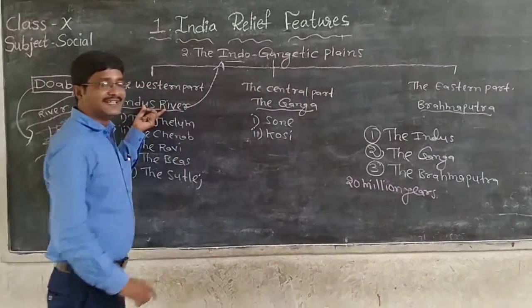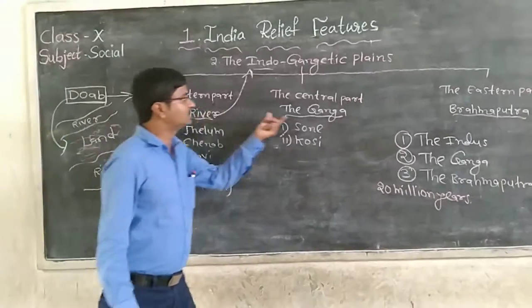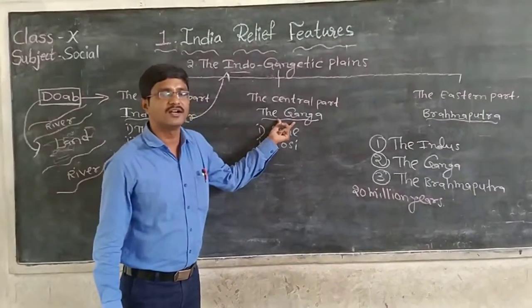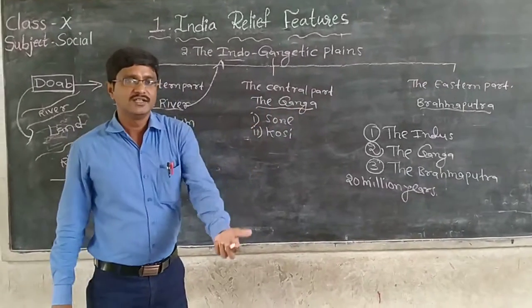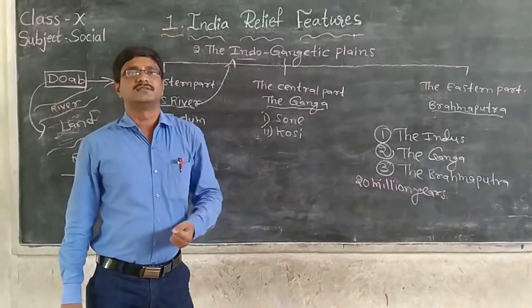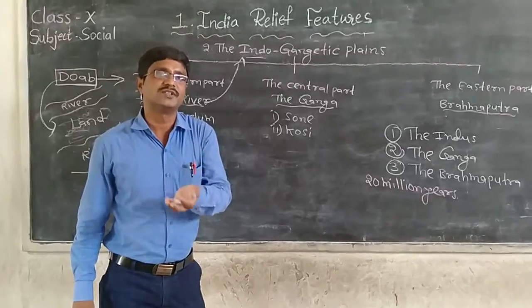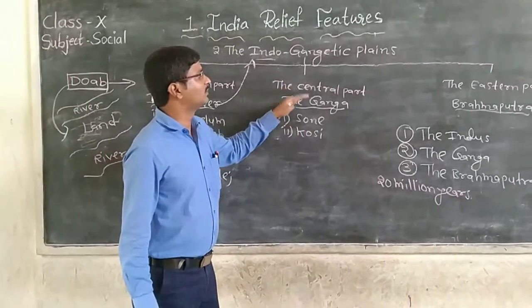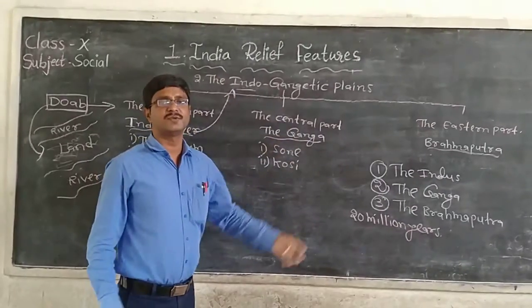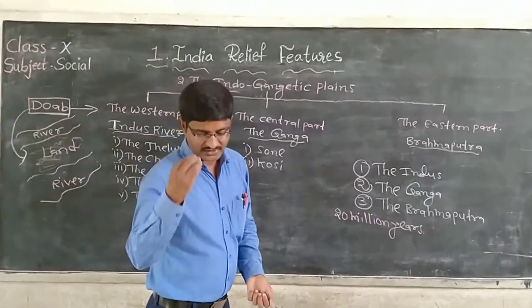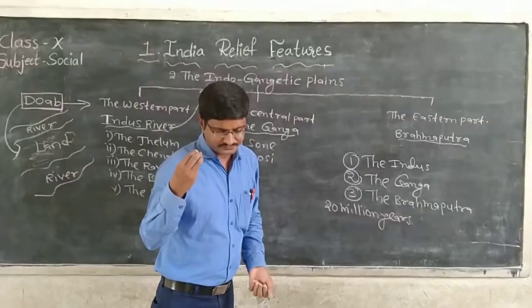This is called Indus Plain, and this is called Ganga Plain. Why is it called Ganga Plain? Because this region is formed because of the Ganga River. That is why the central part is known as Ganga Plain.